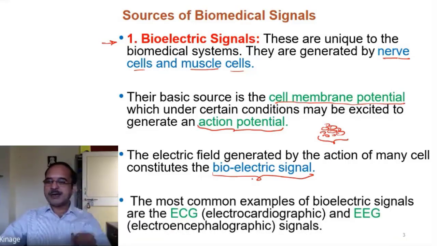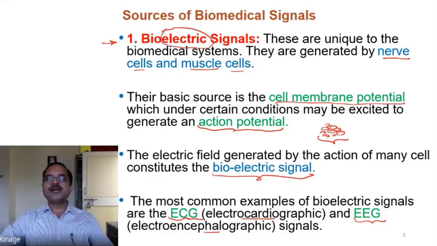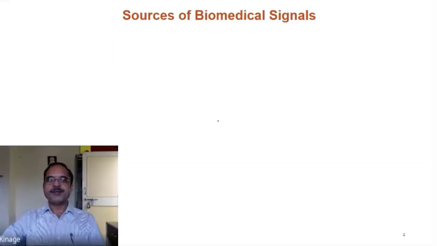The examples are ECG and EEG. ECG stands for electrocardiograph and EEG stands for electroencephalograph. Electrocardiograph, as we have discussed many times, corresponds to the heart, and EEG corresponds to the brain. So these are the bioelectric signals, electric signals generated because of various activities of the biological system of the human being.